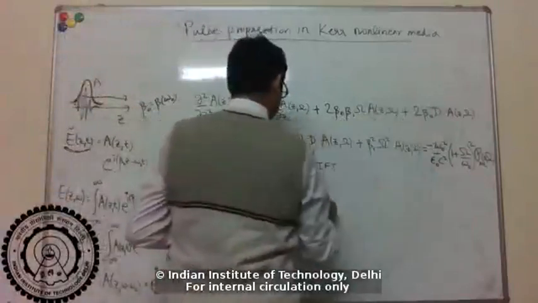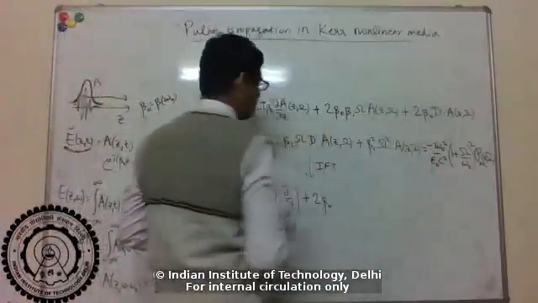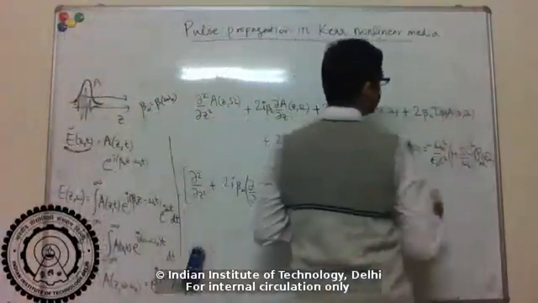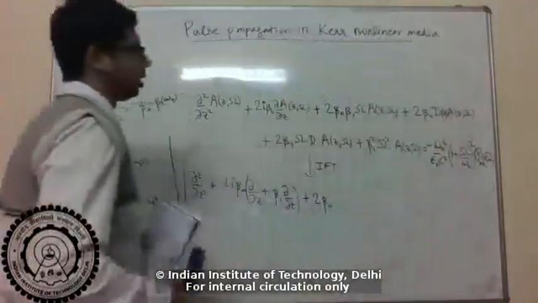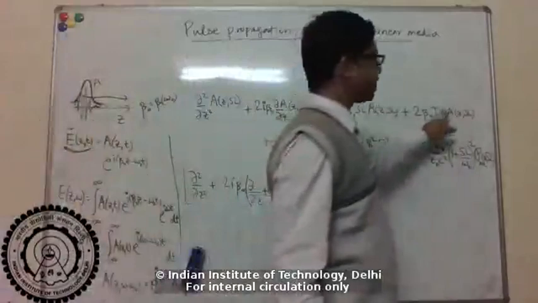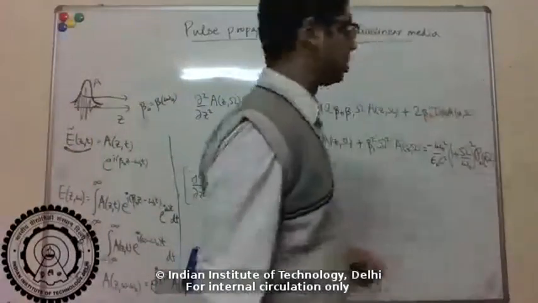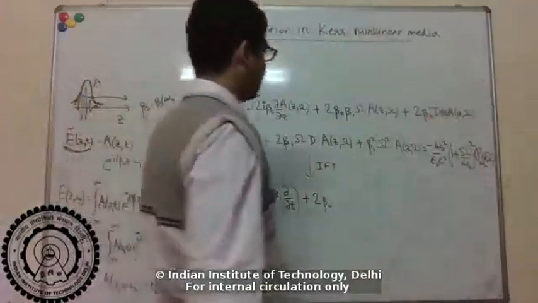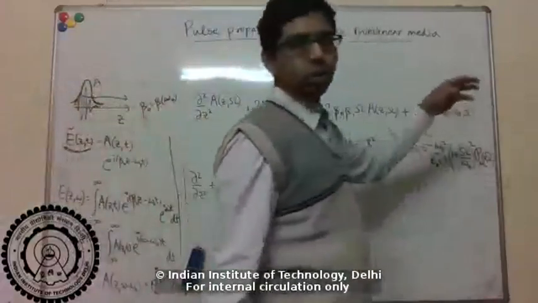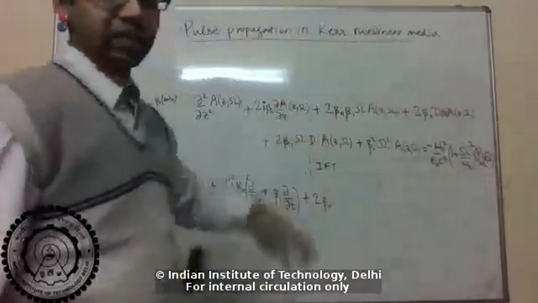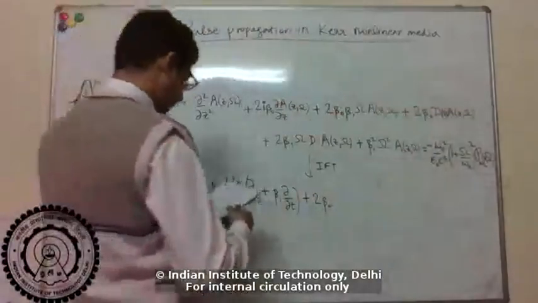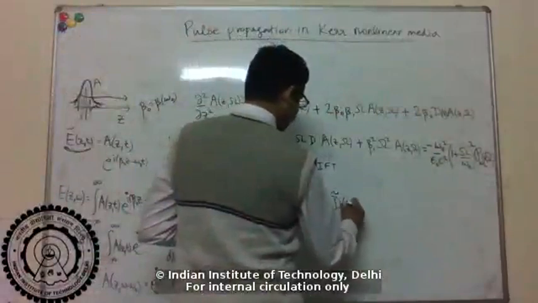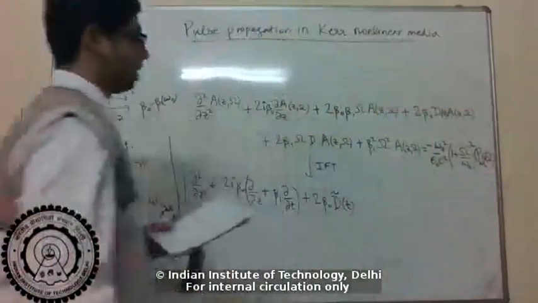This D of course was a function of omega, and specifically it was a power series in omega. So when I take the inverse Fourier transform, all those omegas will convert to derivatives in time, and I can write a dispersion operator in time, D of t.